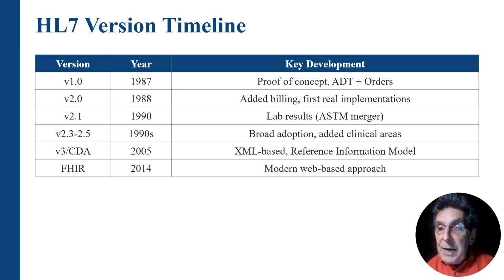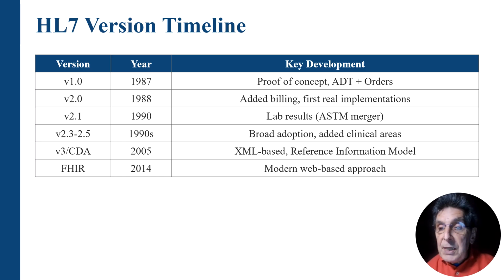Then in 2005, HL7 version 3 and CDA took a different approach. And this is where things diverge. The organization decided the V2 approach was too loosely defined, leading to some variability in implementations. So V3 introduced XML formatting and a formal reference information model, a rigorous definition of healthcare data structures. What was the problem?